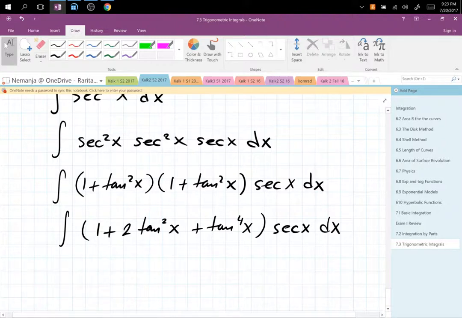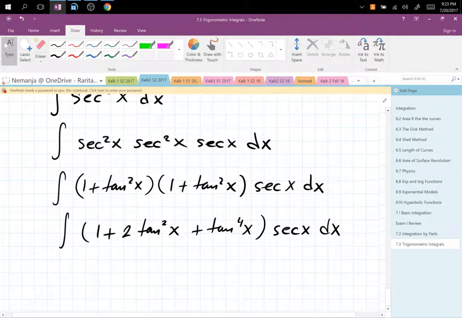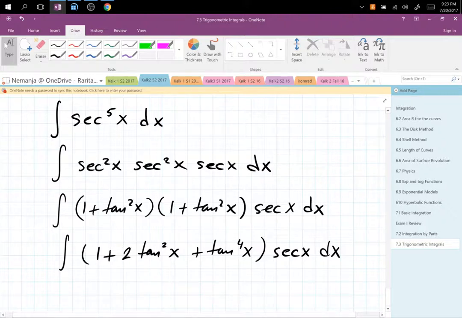I need tangent cubed. I'm getting tangent squared, tangent to the 4th. This one doesn't work actually that way. It doesn't work this way.